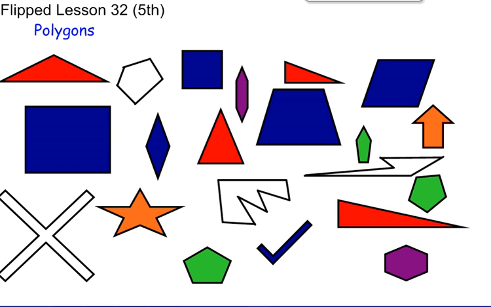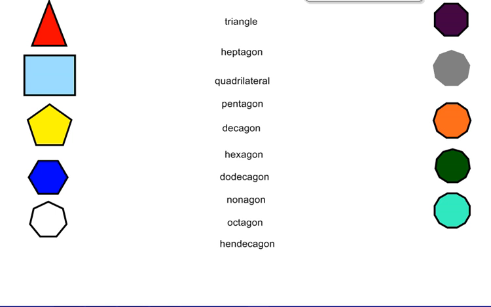Now, as we look at polygons, we can talk about what are known as the regular polygons. And these hopefully are pretty familiar to you. But let's see if we can do a quick little matching and figure out the names of our regular polygons. If we have a three-sided figure, we would call that a triangle. A four-sided figure, I can hear you saying it at home.